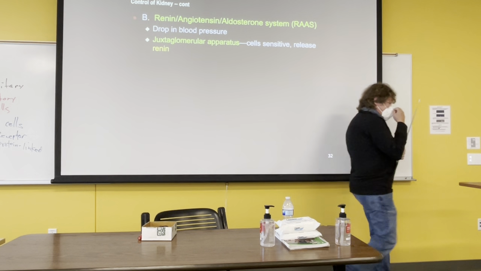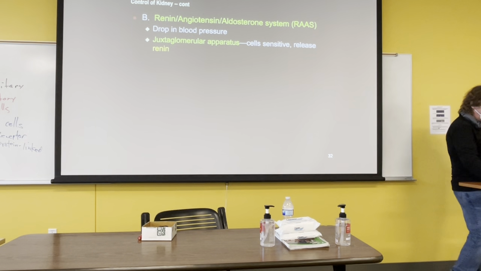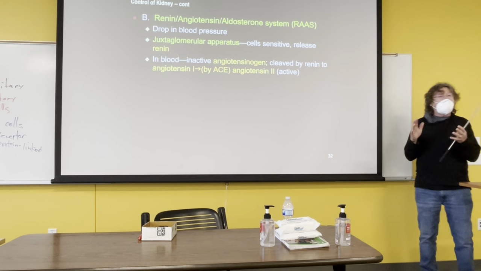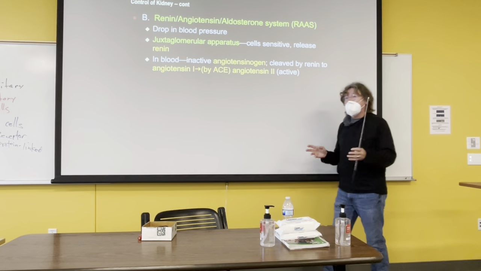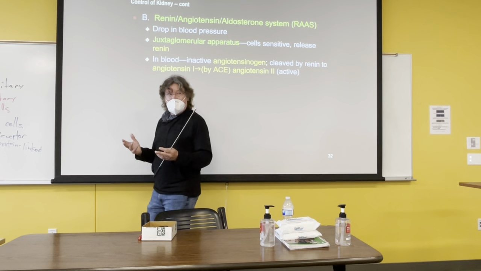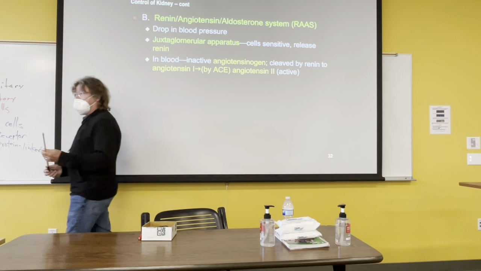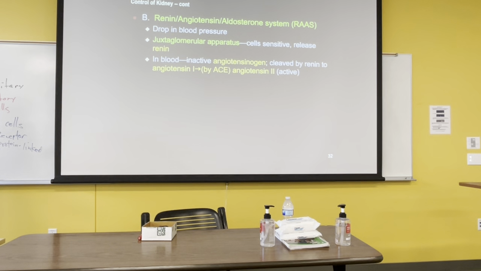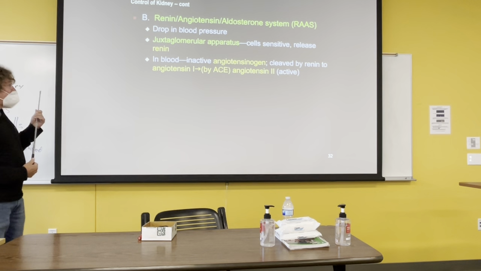Okay? Now, the target of renin is another blood protein that is a zymogen. Now, up to now, I've mentioned zymogens mostly in the context of enzymes, okay? Inactive enzyme that is activated by cleavage of a peptide bond. But zymogens can be other types of proteins, not necessarily enzymes. So this here really is not an enzyme.